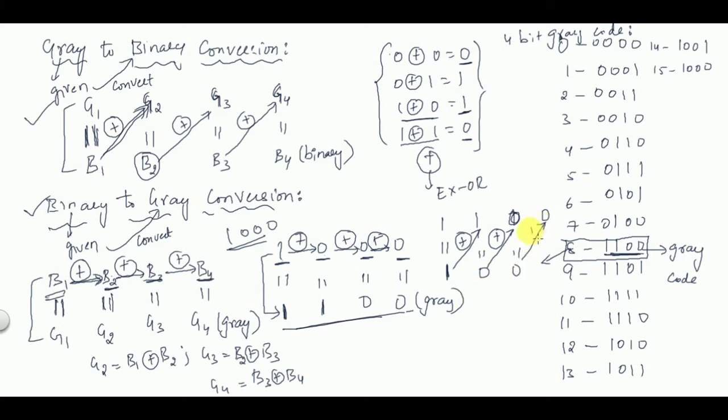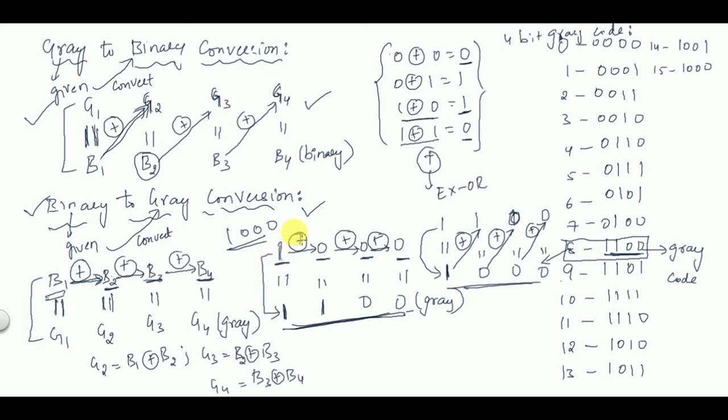Next, 0 XOR 0 is again 0. So you're getting 1000. If you take the gray code 1100, you get the corresponding binary 1000, and if you take the binary as 1000, you get the gray code 1100. This is how we can convert gray code into binary code or binary code into gray code.